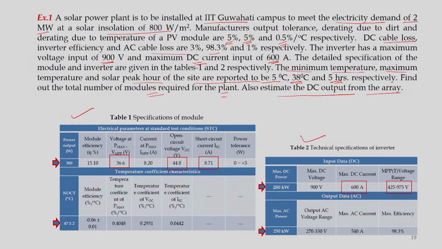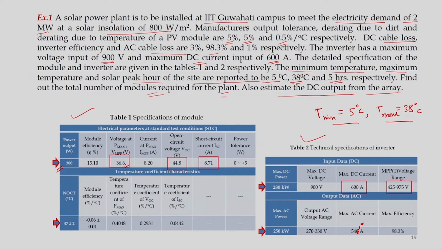So, T minimum is given as 5 degrees C and T max is given as 38 degrees C. The power rating is 300 watt peak, and voltage at P max is 36.6.